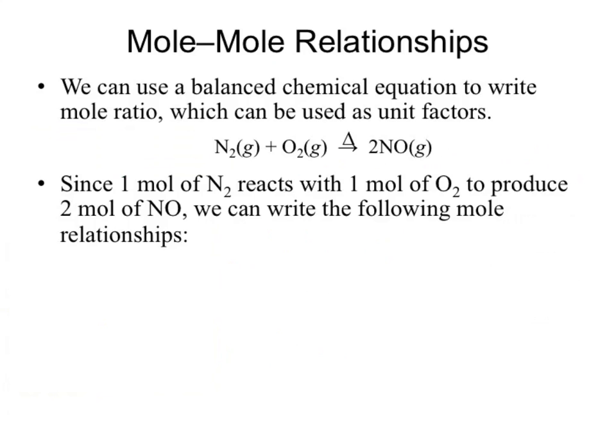It's a trickier question. We said we started with 1 mole of N2, and what are we trying to get to? Moles of NO, right? So I heard a lot of 1s out there. Whoops, that's not right. We started with N2.